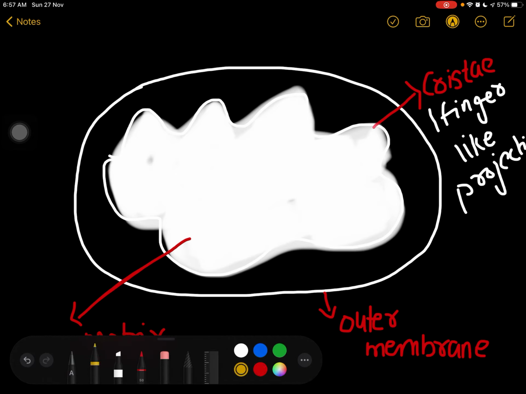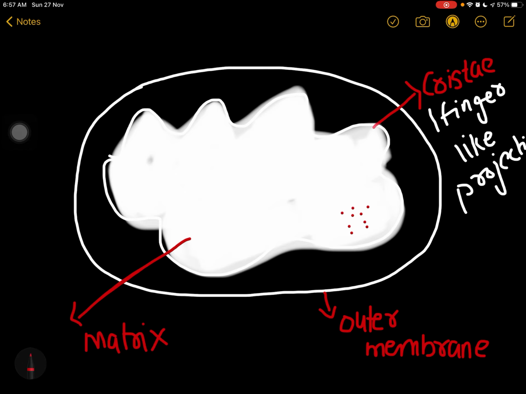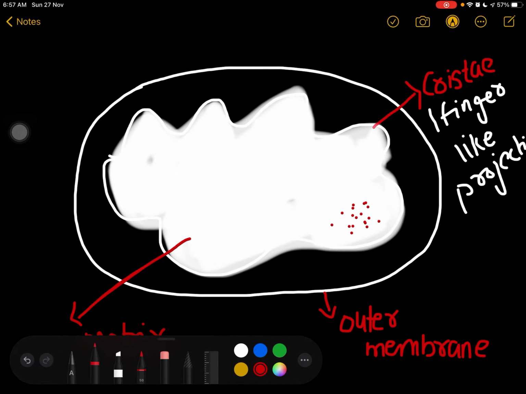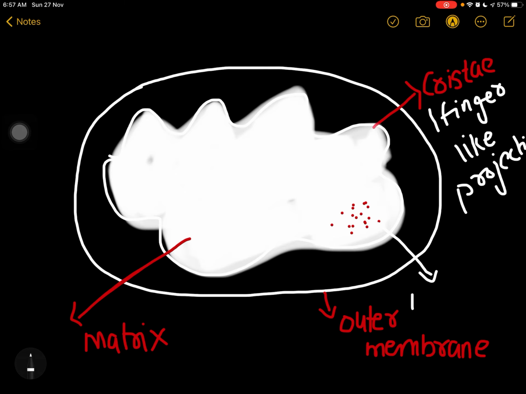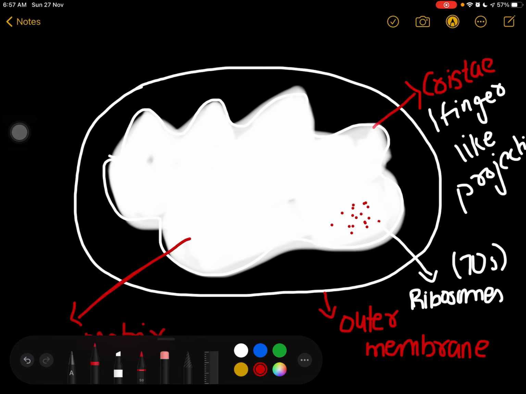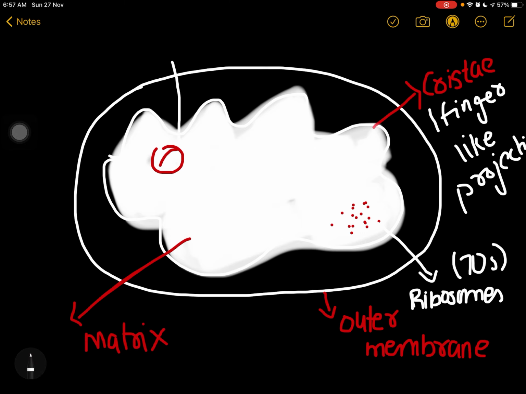In this matrix we are having some ribosomes of 70S, because 80S ribosomes are present in the cytoplasm, not in mitochondria, right? Then we are having circular DNA. Like this, mitochondria contains its own DNA and ribosomes, right?